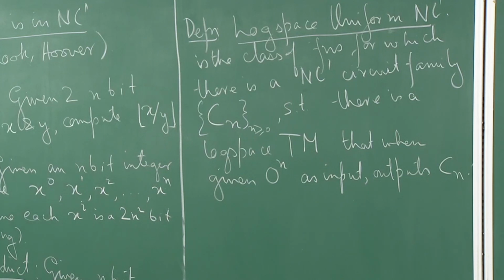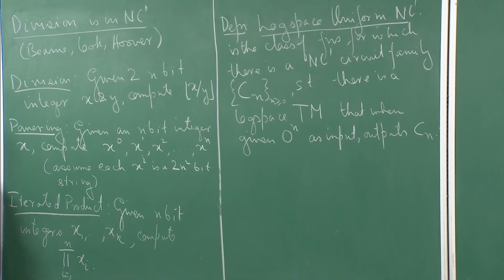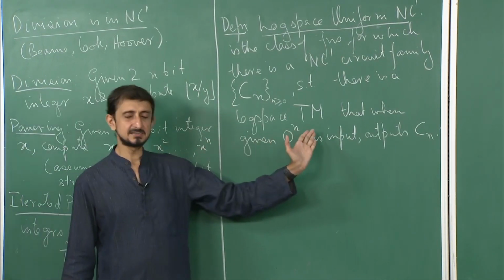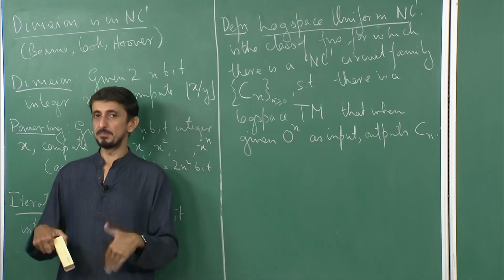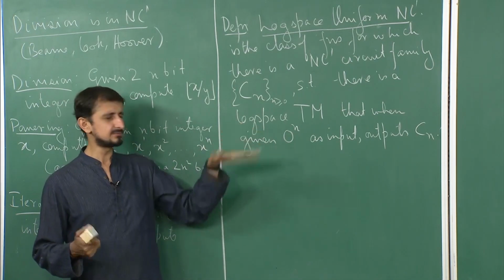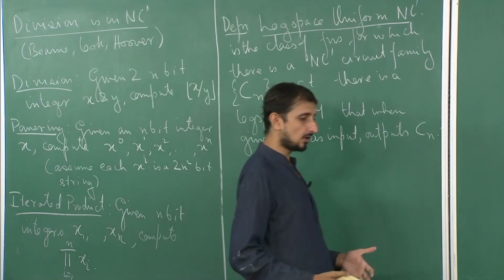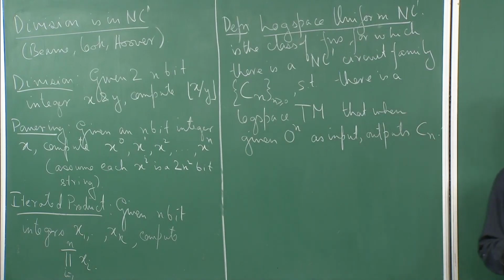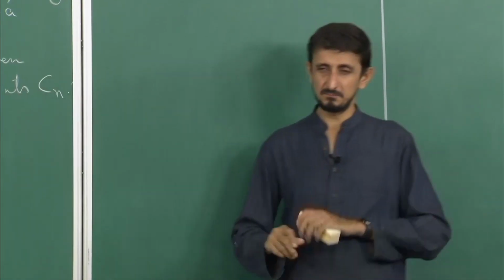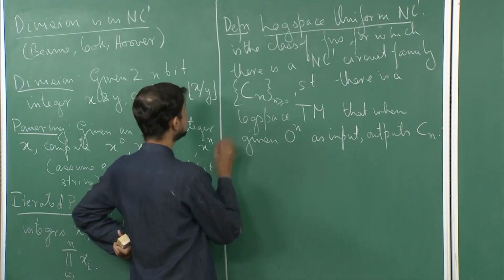As long as I am not looking at the individual bits of that x, if I am looking at some global parameter, or even at n, I can use the power of log space to do any pre-computation. That pre-computation might not be in NC1, it might be in log space, but that is still good enough for us, because that pre-computation does not look at the actual bits of the input. If you are not very clear, we will discuss this again when I come to it. Okay, let me carry on.